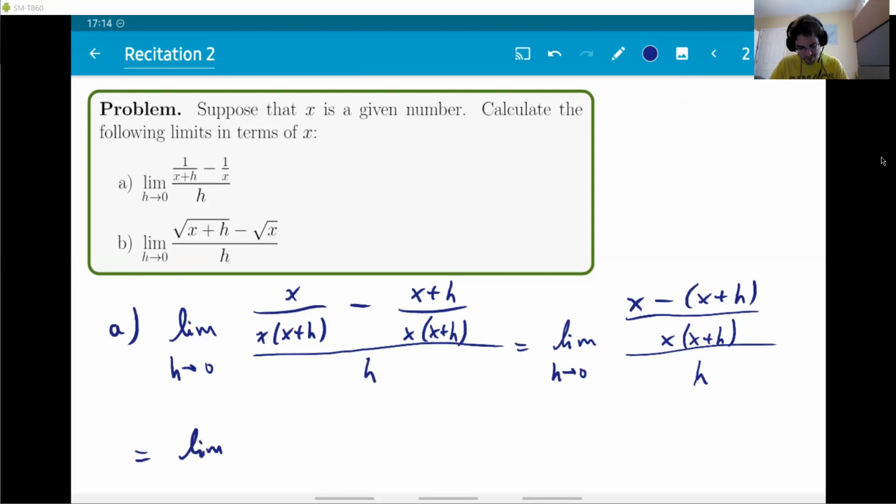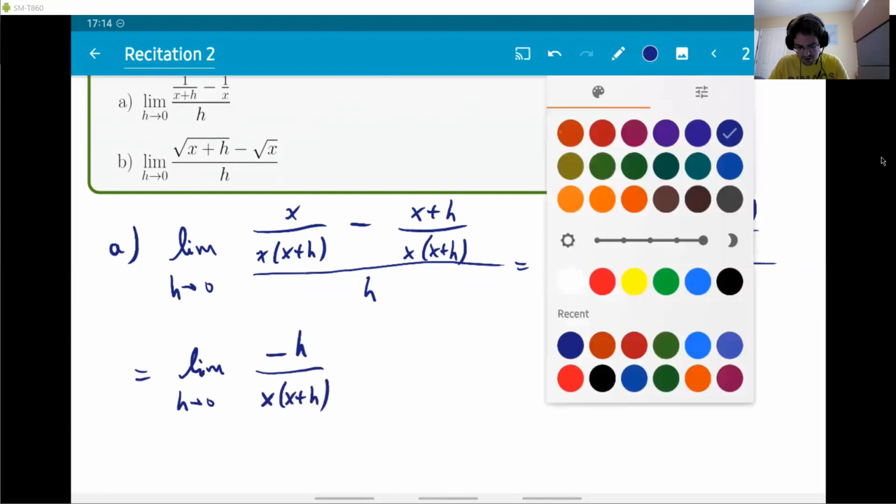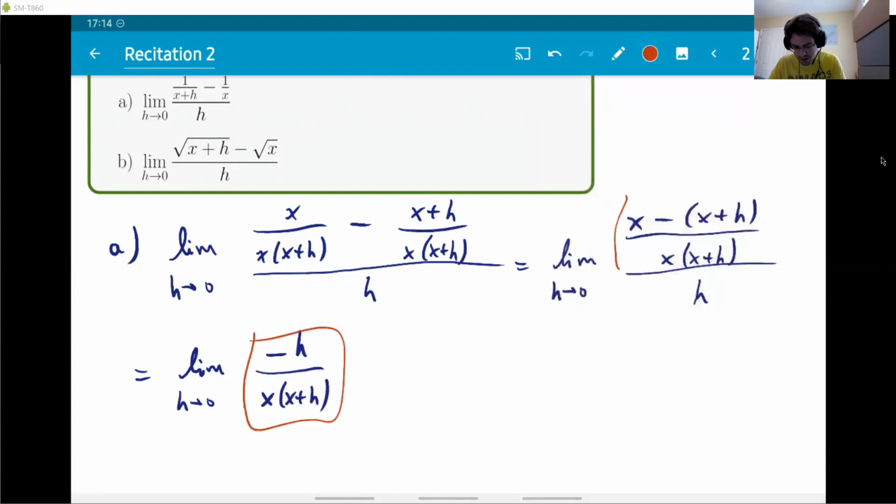And what is happening with this whole thing? Well, think of it this way. We have this whole fraction in the numerator, whose numerator is x minus x plus h. The x's will go away. You're only going to be left with a minus h. So this was the fraction that was upstairs here.